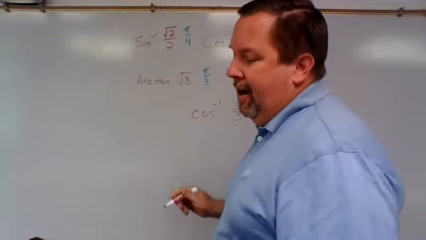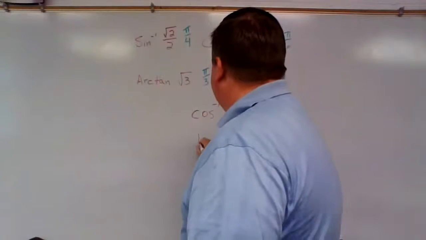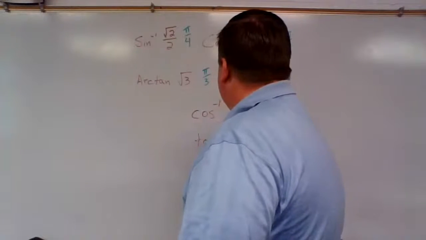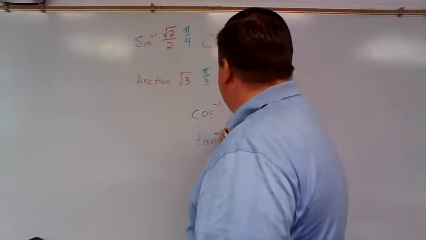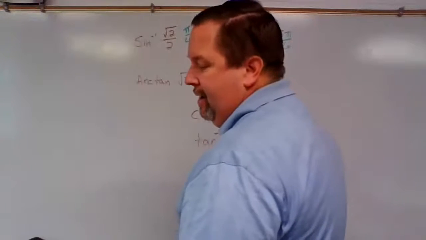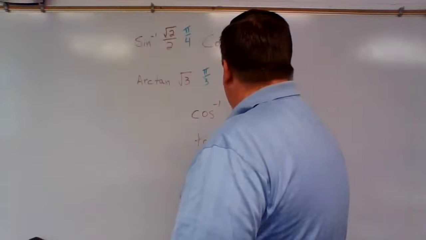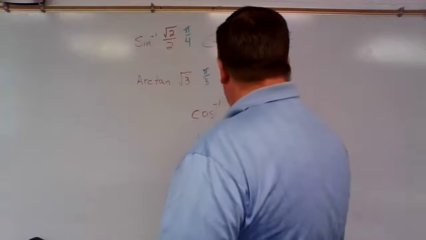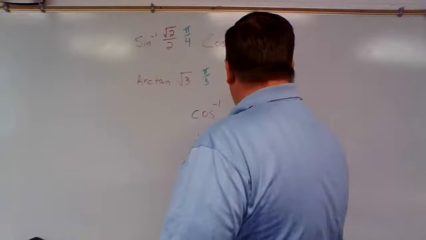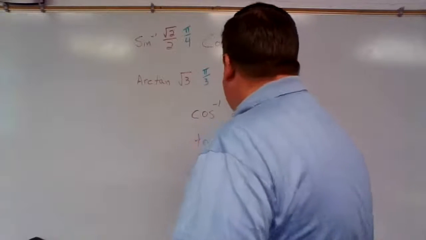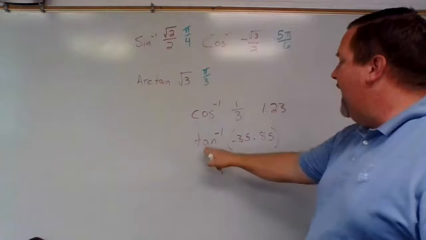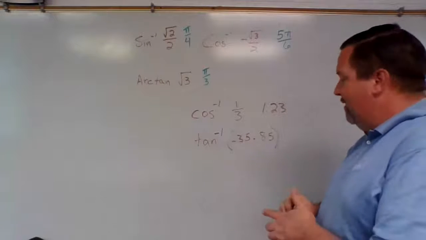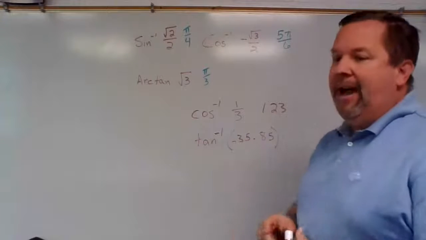All right. Try another one. Arctan, tan to the -1 of -35.85. All right. What is the angle whose tangent is -35.85?